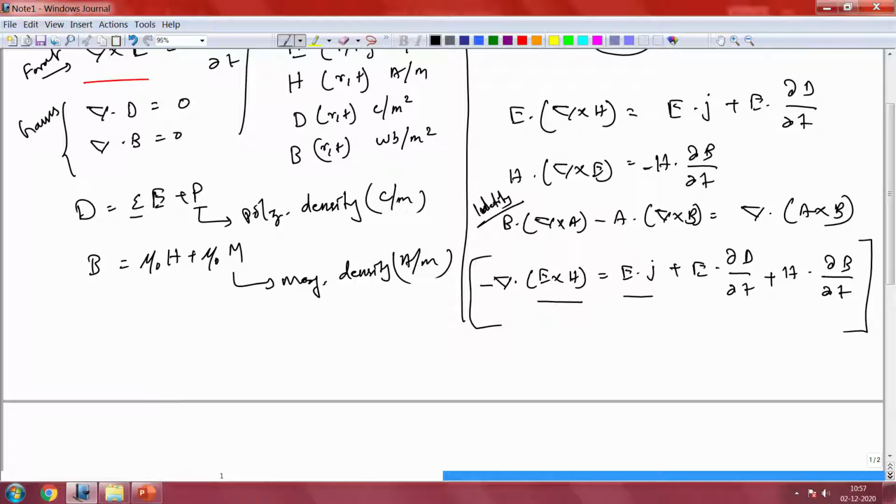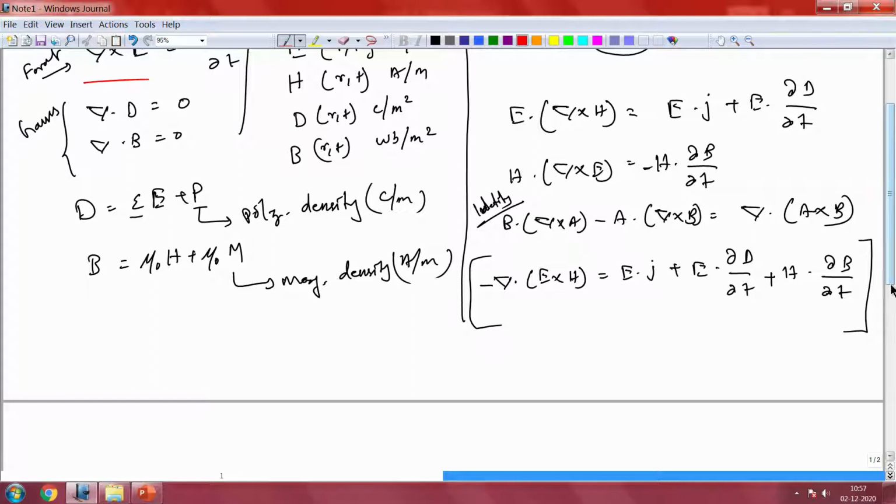It is nothing but your power basically. This is similar to voltage times current, VI. So, this is actually the power that we use in our conventional electric circuits.